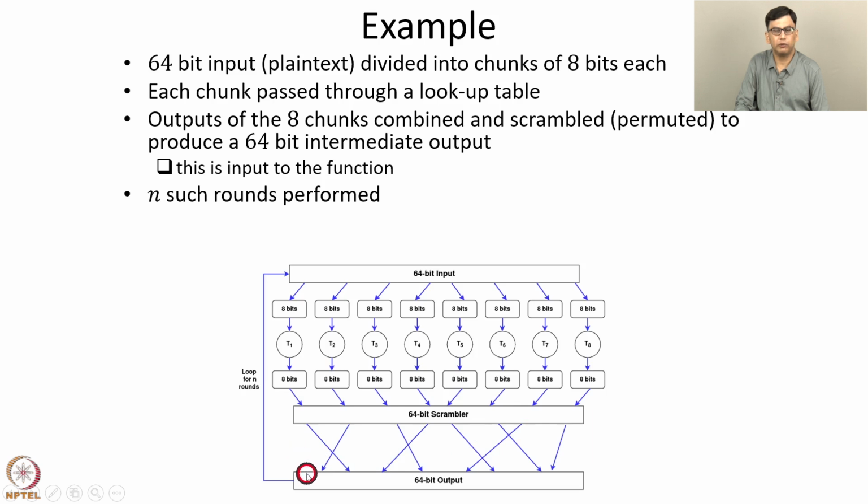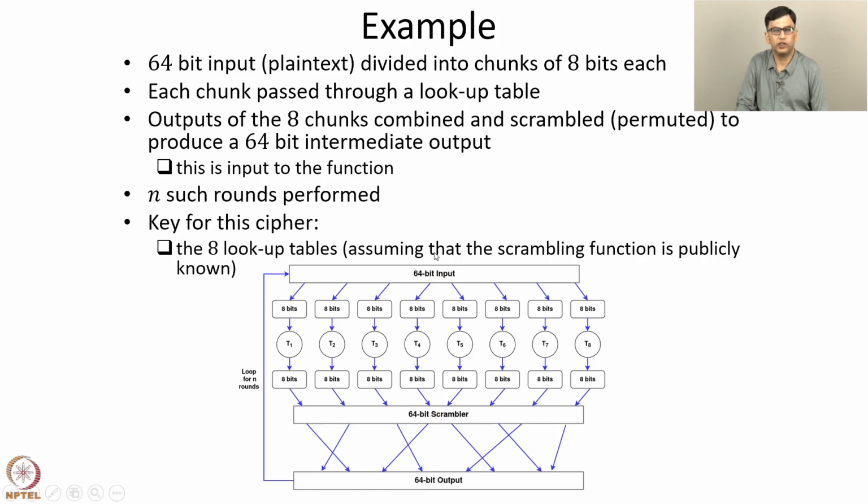That is, this intermediate output is fed back to this register, and the same transformation is again repeated on it. Similarly, n such rounds are performed to make the output a very complicated function of the input. So what is the key for this cipher? The key for this cipher is the 8 lookup tables, assuming that the scrambling function is publicly known.